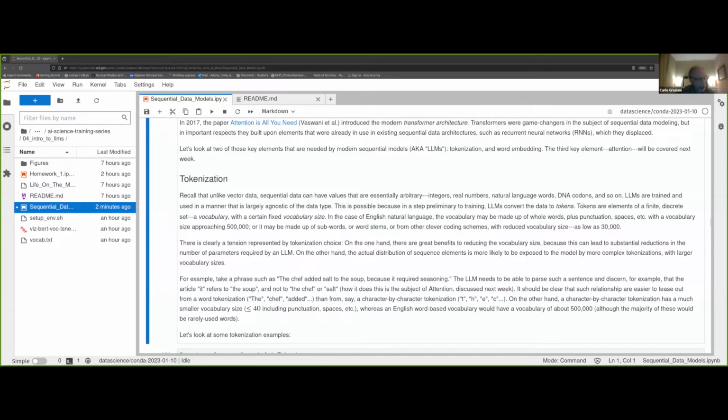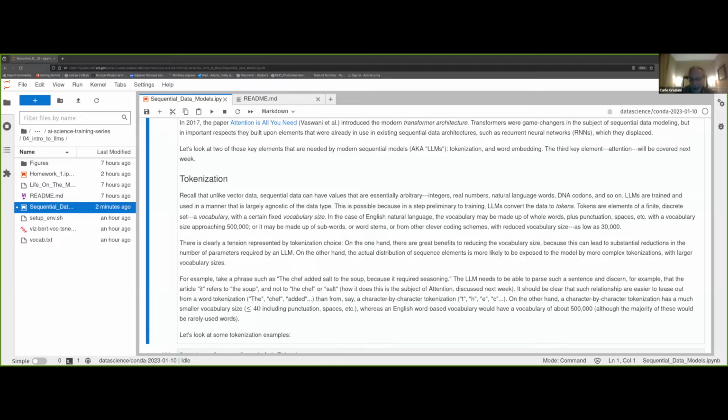Transformers, I mean, this is not completely true, but it's true to some extent, kind of don't care what their data is. And the reason they don't care is that those elements in the sequence are generally translated into things called tokens. And tokens, as we saw already in the case of natural language processing, are either words or fragments of words chosen in a certain way. In the case of DNA, RNA, the tokens were codons, or they could be amino acids, and so on.